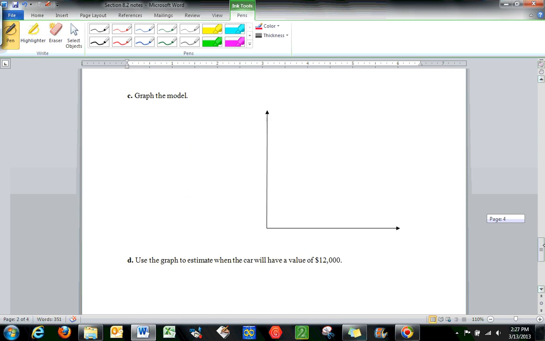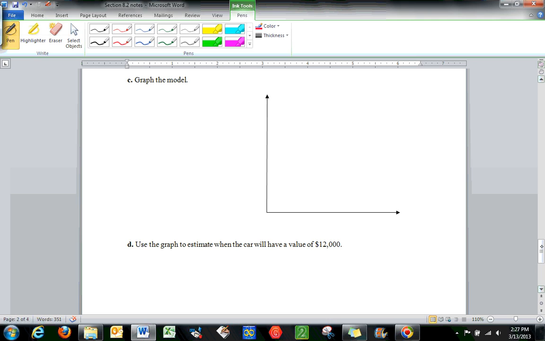We're asked in Part C to graph the model. Well, in graphing the model, we would need to create, as we always do, a t-chart. In this case, we have time, and then we have the depreciated value, which is represented by y.